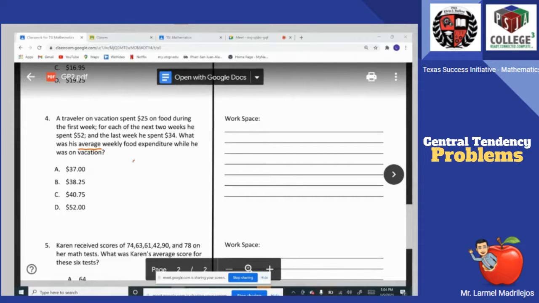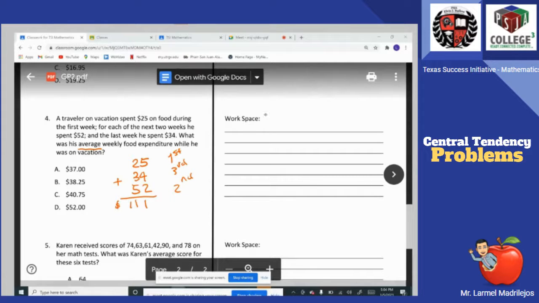I'm going to write them in order. That's 25, the smallest number, the first week. And then 34, the third week. And then 52, the second week. I need to add them. If I add this, it's going to be $111.